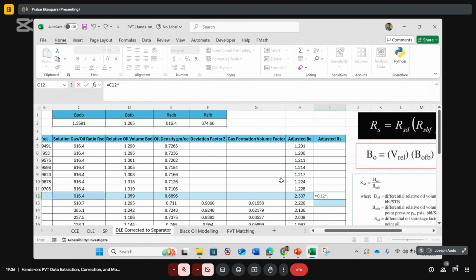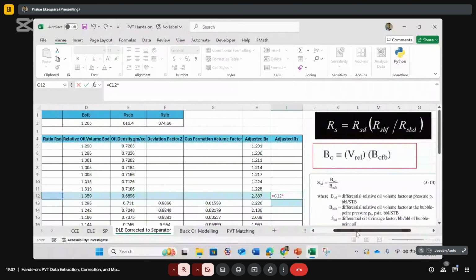That's what we are going to use to multiply our, in brackets, our RSFB, right? Then I'll just look it up. Then divide it by our RSB, which is this one. I still need to lock it. Then drag it down.